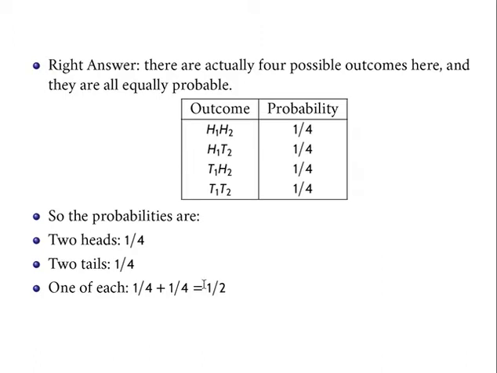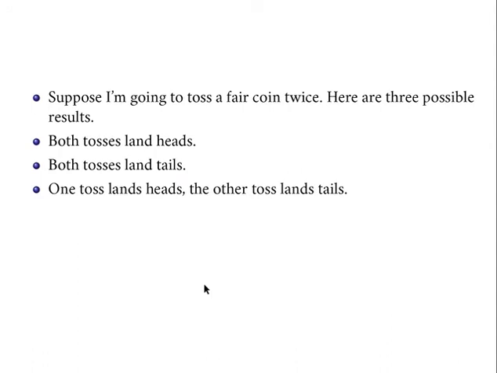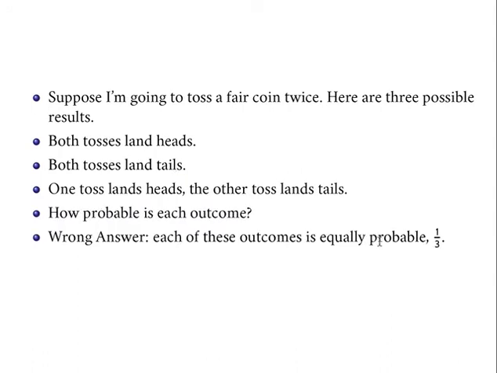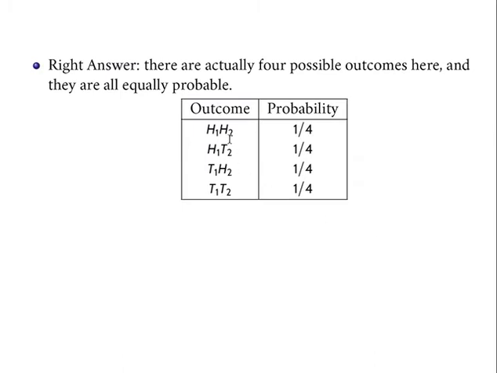So you do not split the probability equally between these 3 outcomes, as might be intuitive. Rather, you have to understand that when we're thinking about flipping a fair coin twice, the probability is split equally between these 4 outcomes, all the most particular ways of there being a certain sequence of heads and tails.